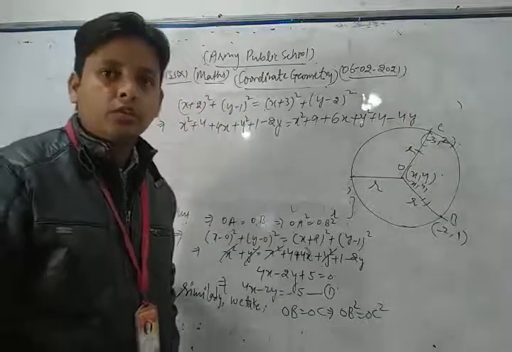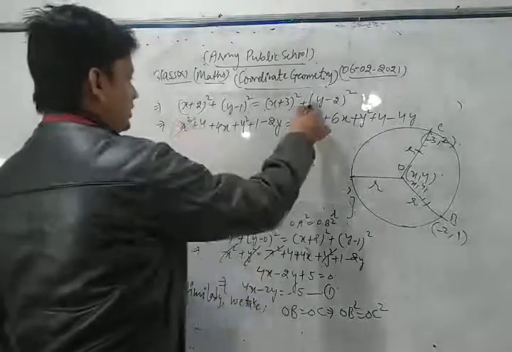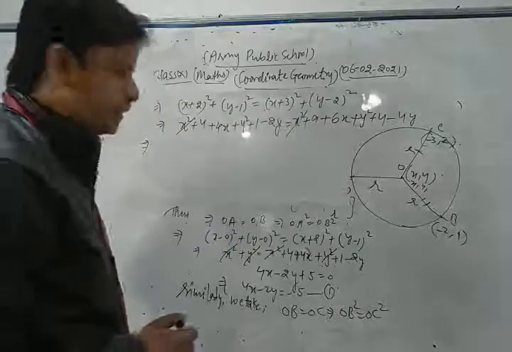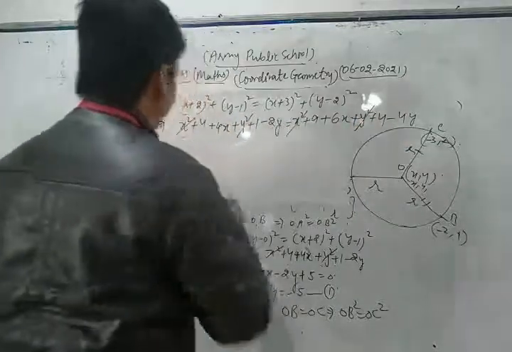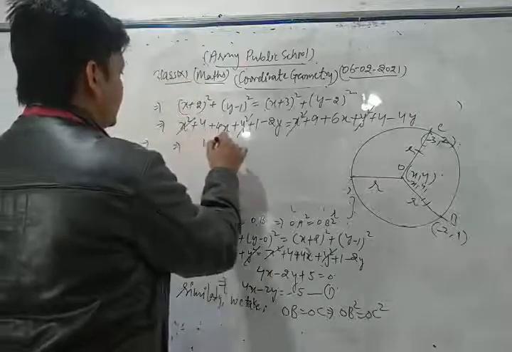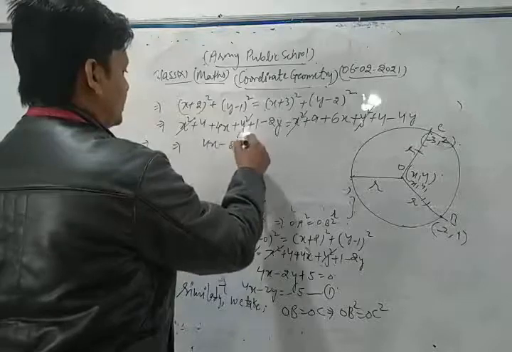Okay dear students, now we simplify them. Here x square is cancelled, similarly y square is also cancelled. We get 4x minus 2y plus 5 plus 4 plus 1, that is plus 5.